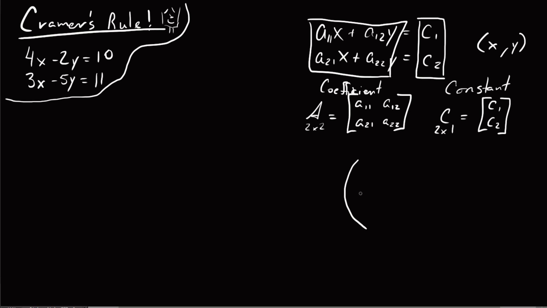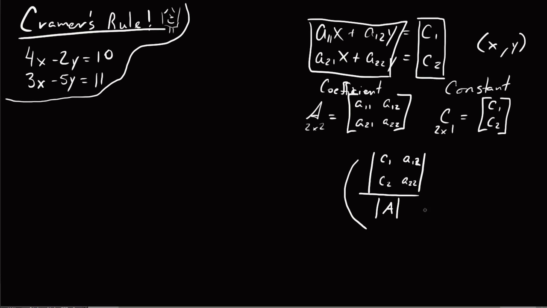The x value, or the x solution of the system, is over the determinant of A. The numerator is the determinant of the matrix with c1 and c2 here, then a12 here, and a22 here. Here's what I really want you to see.